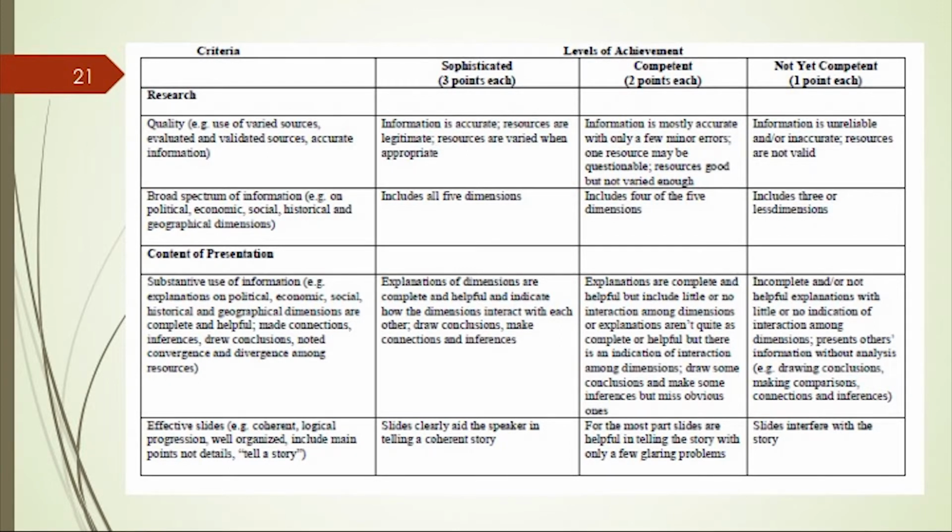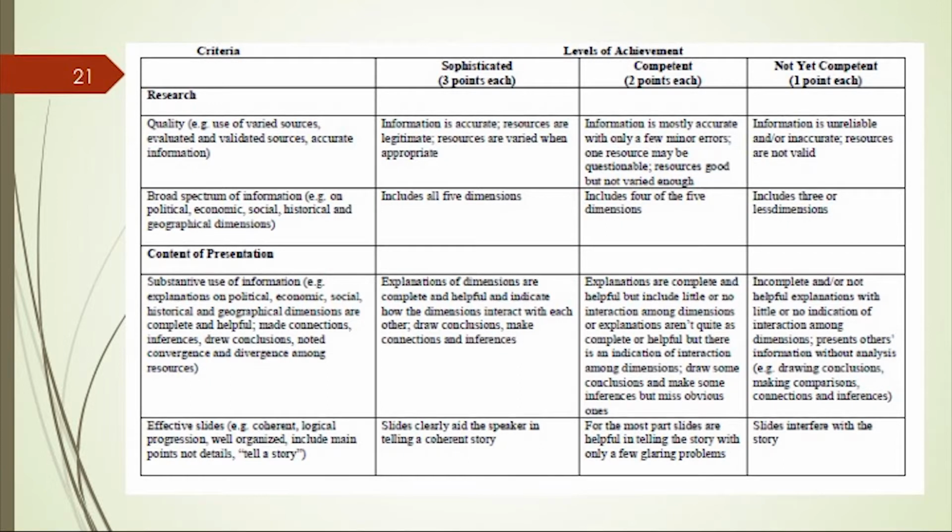If you look and concentrate on the left hand side column on the research aspect, in research the examiner here is looking at the quality, where the student has used various sources, evaluated and validated these sources, and used accurate information for the presentation.